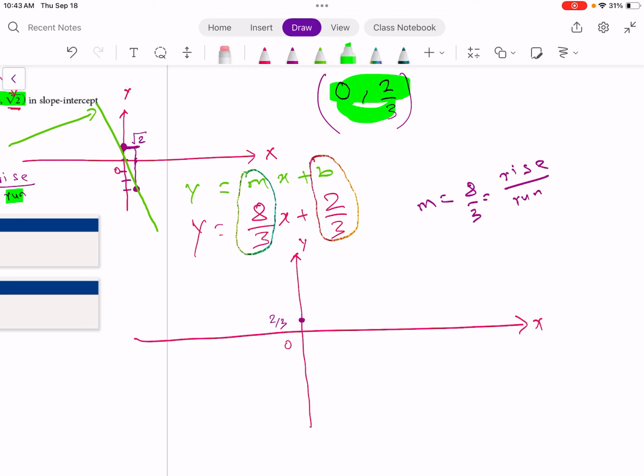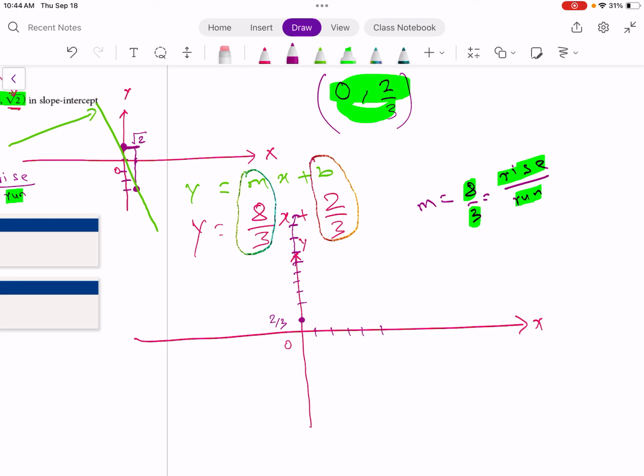So what is run? Run is 3 units. So you run 3 units right, and then you go up by 8 units. So you are at the y-intercept. So this is 1 2 3 4 5, 1 2 3 4 5 6 7 8.